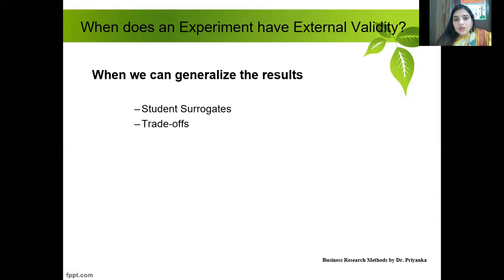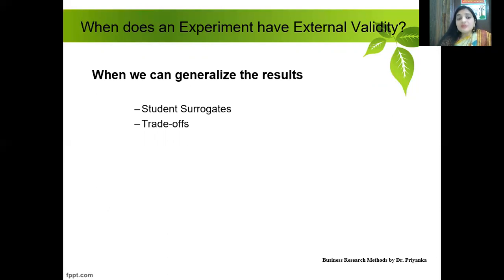For example, you randomly selected 10 companies and you studied them. Maybe you have taken up one industry, for example the steel industry, and 10 companies from the steel industry were being experimented on for one reason or another. Now the question is whether you can actually apply the results to all the other companies in the steel industry or not.